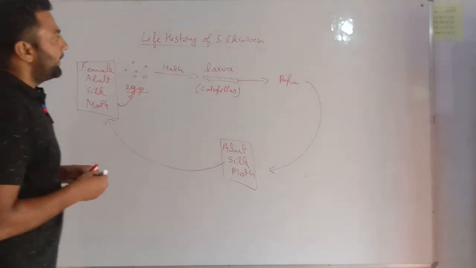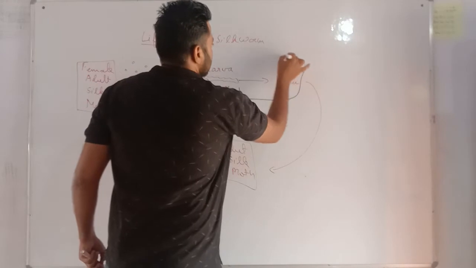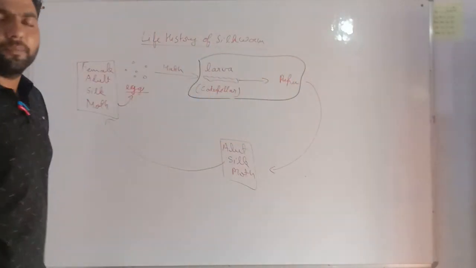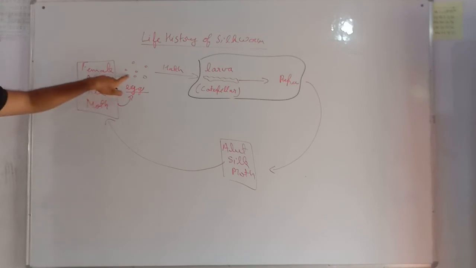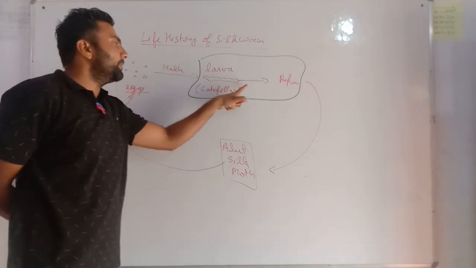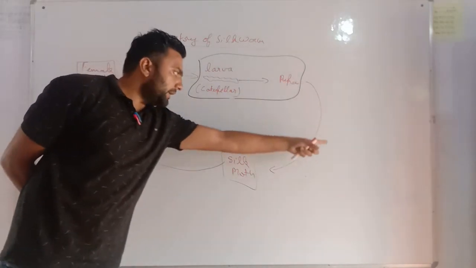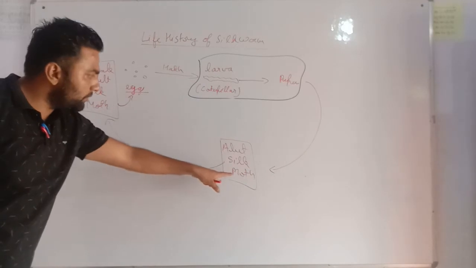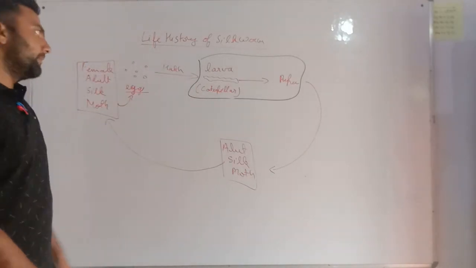My dear student, you need to understand this. Here is the main thing which will be happening. The female adult silk moth gives eggs, they hatch and it becomes larva, the caterpillar. The caterpillar becomes more adult, it becomes pupa. With more eating and more growth, it becomes an adult silk moth. And again the adult silk moth gives eggs and this life keeps on going.